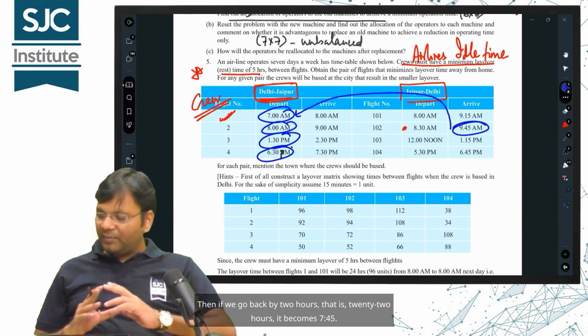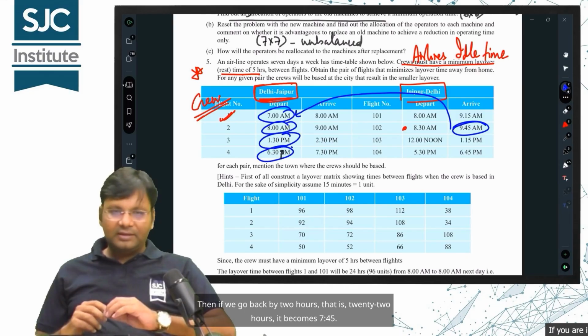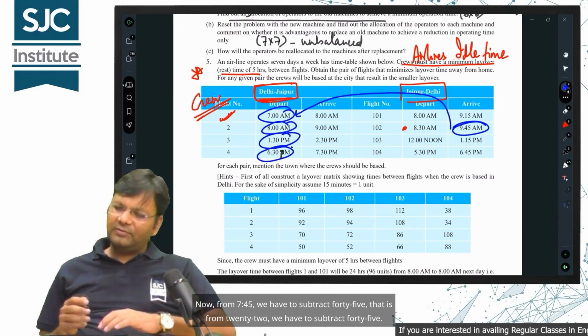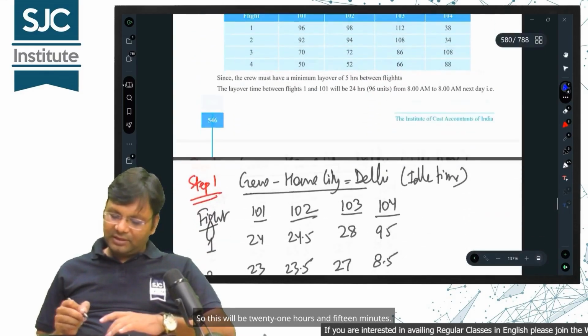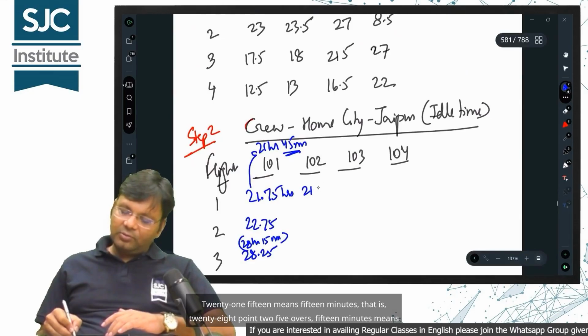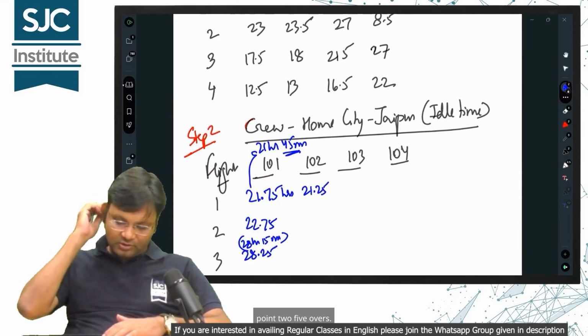Then if we go back by 2 hours, that is 22 hours, it becomes 7:45. Now, from 7:45, we have to subtract 45, that is, from 22, we have to subtract 45. So this will be 21 hours and 15 minutes. 21:15 means 15 minutes, that is 0.25 overs.